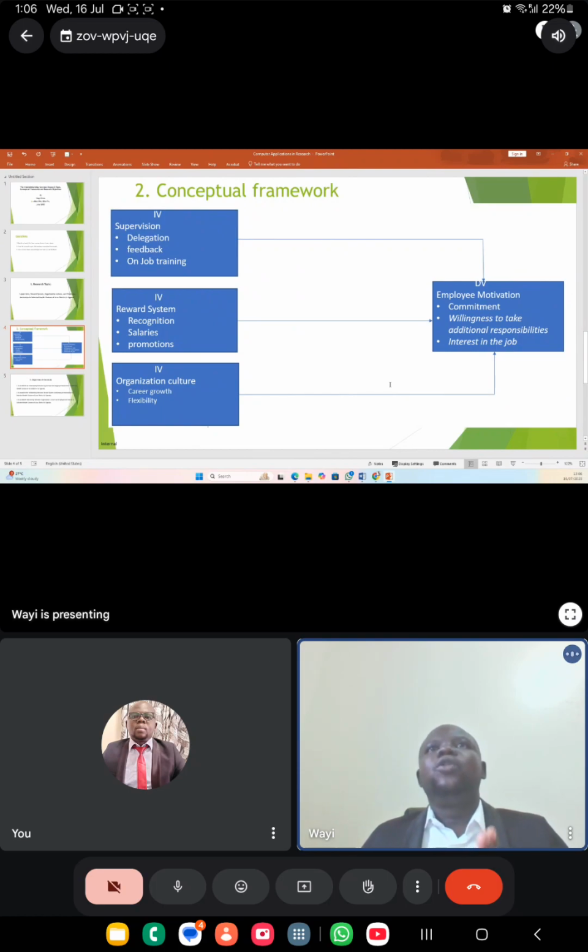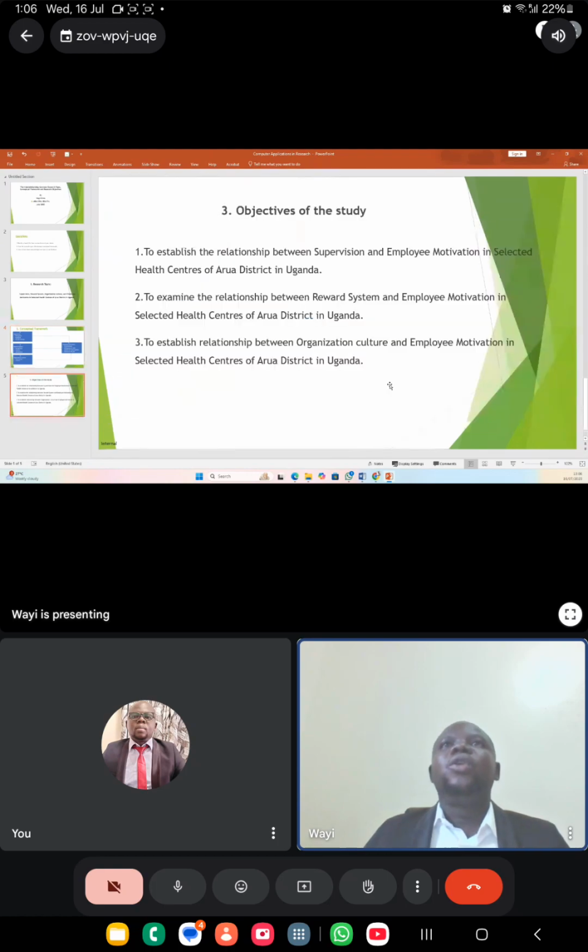You see, supervision and employee motivation. We can state it as: to establish the relationship between supervision and employee motivation in selected health centers of Arua district in Uganda. Remember your context, I mean your scope of study. Don't forget it when you are stating your objectives.